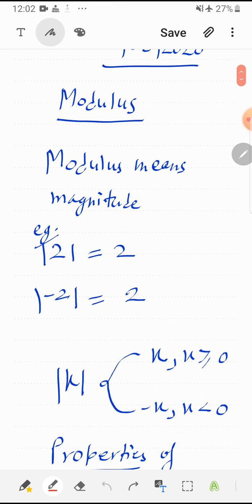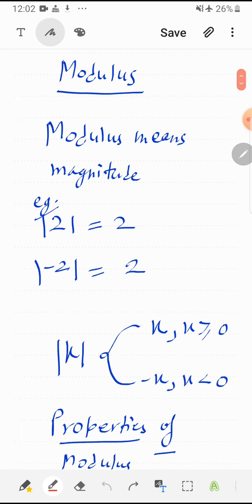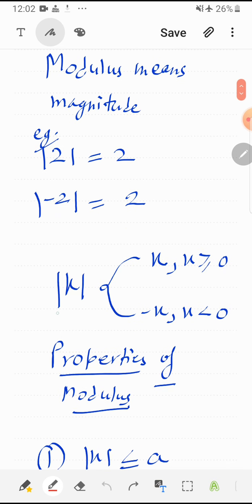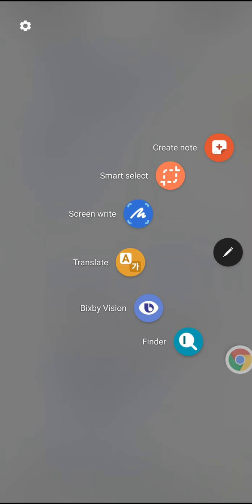In variables the meaning is the same, but to maintain its proper definition we have written like this: mod of x is equal to x when x is greater than or equal to 0, and it is minus x when x is less than 0. Let us understand this by some example.